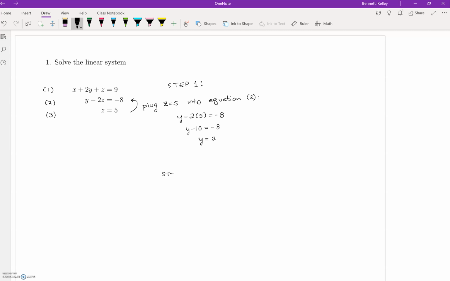Then step 2 is plug in z equals 5 and y equals 2 into equation 1.